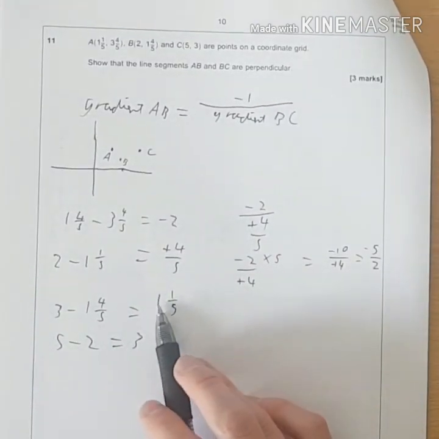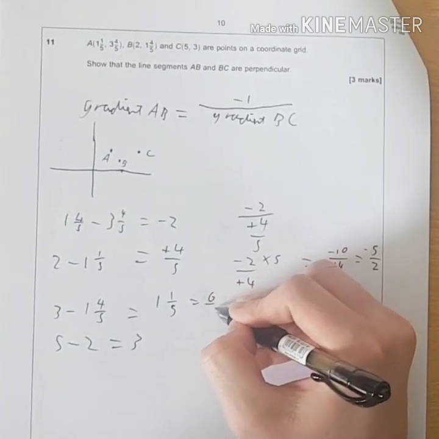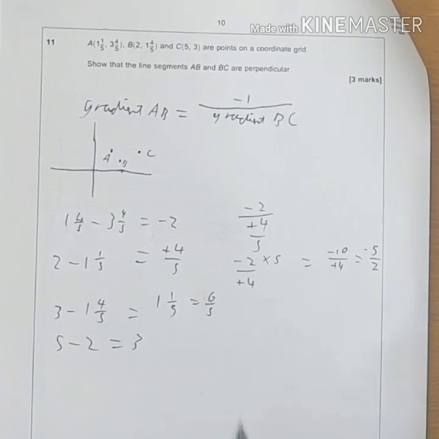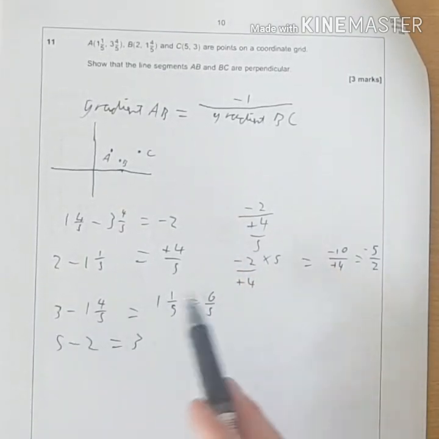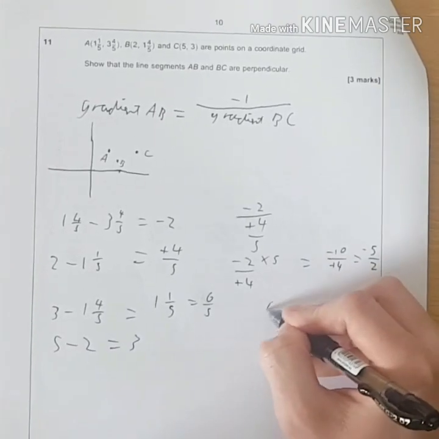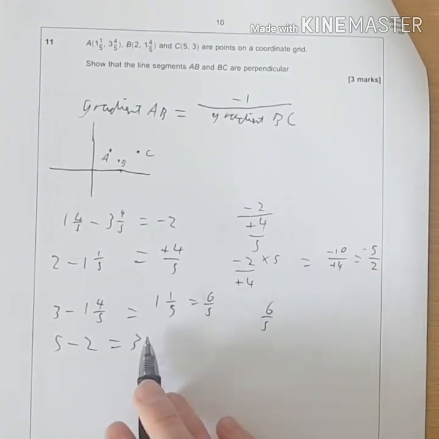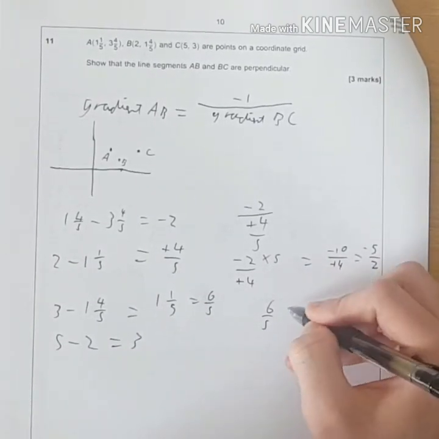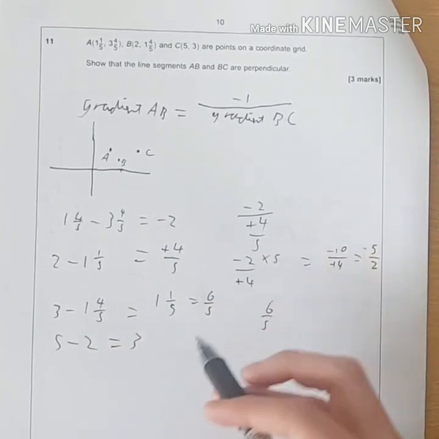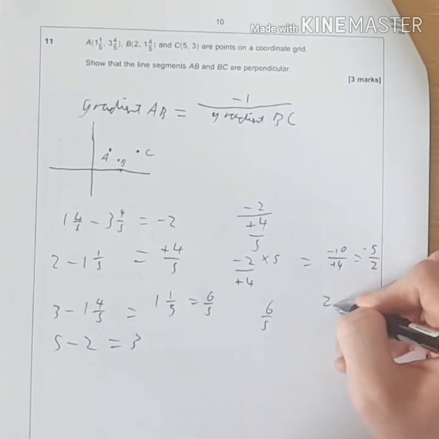This fraction is probably easier to write as 6/5, as we are dividing the fractions eventually. So we can divide the rise over run: 6/5 divided by 3. We can just do the numerator, 6 divided by 3, giving us 2/5.